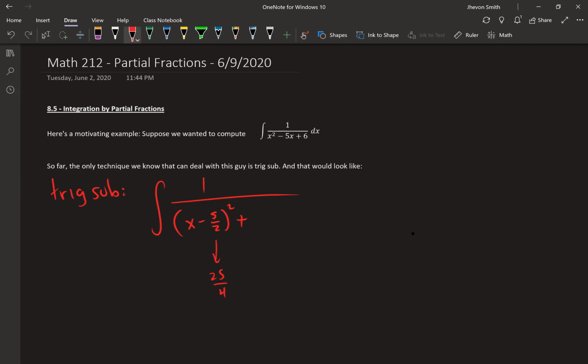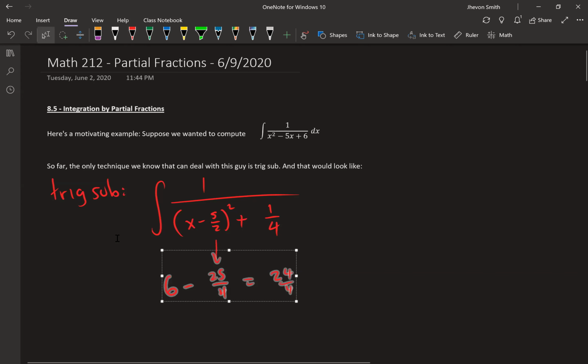And so I need 6 minus 25 over 4. What is that? It's 26 over 4. So this over here should be like a quarter or something like that. If you were to complete the square, that's what it's going to look like.